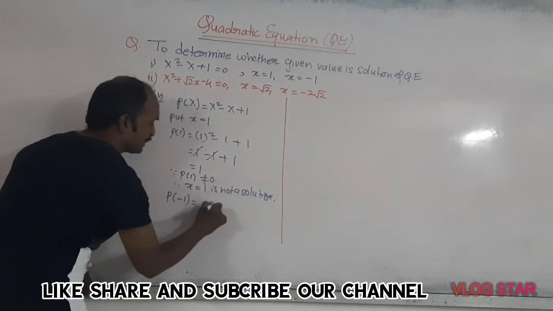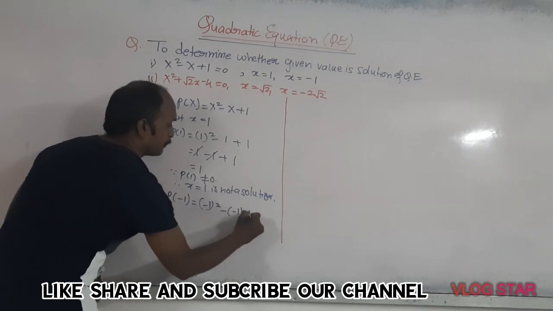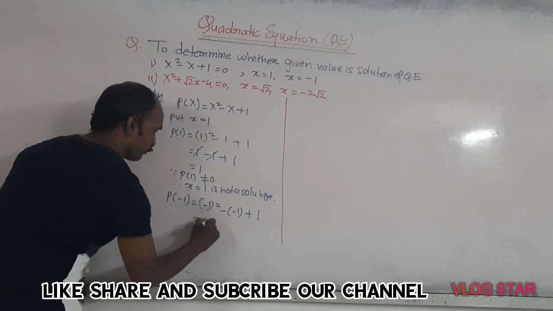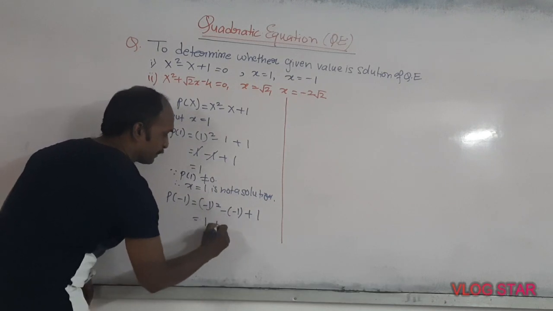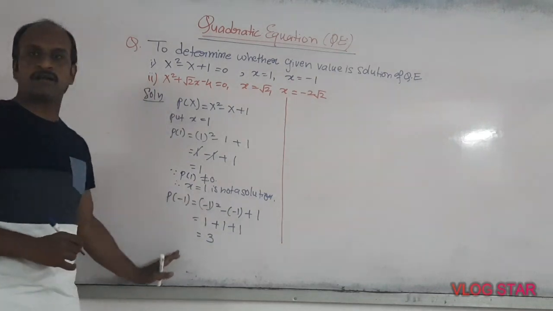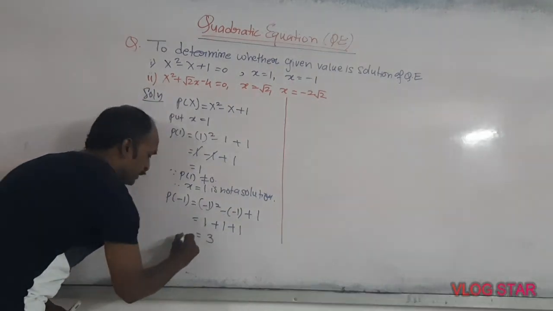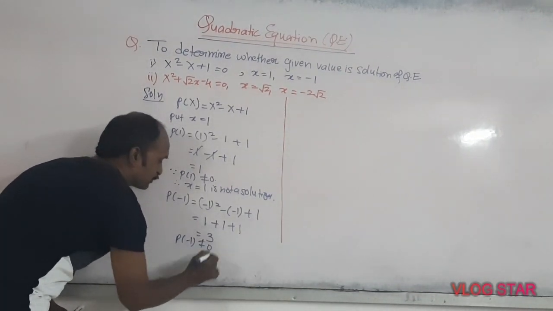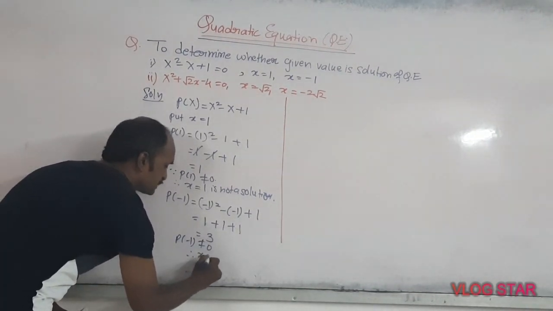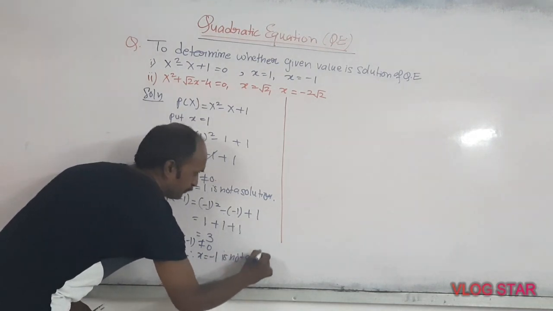We will get minus 1 square minus 1 plus 1. This minus 1 will become plus 1. You will get 3. Again here, your p of minus 1 is not coming 0. So p of minus 1 is not equal to 0. Therefore, x is equal to minus 1 is not a solution.